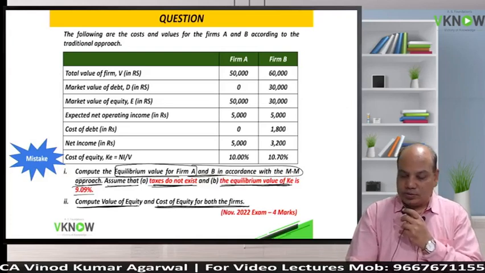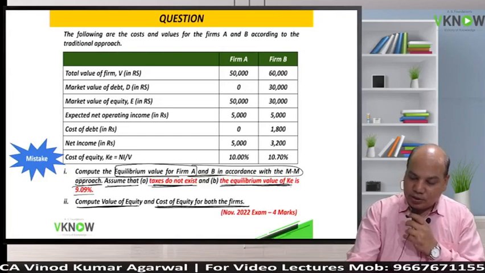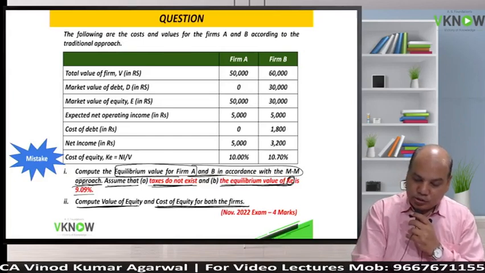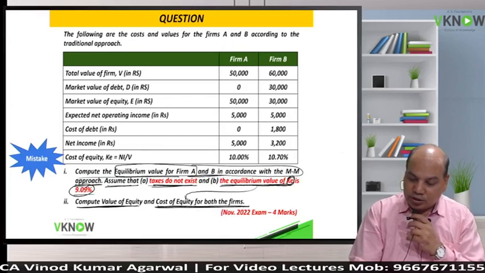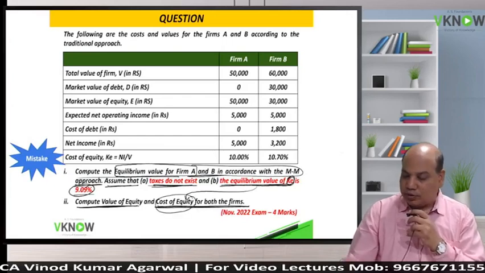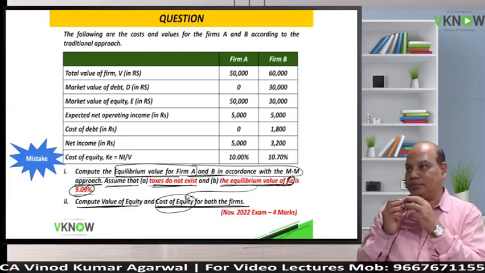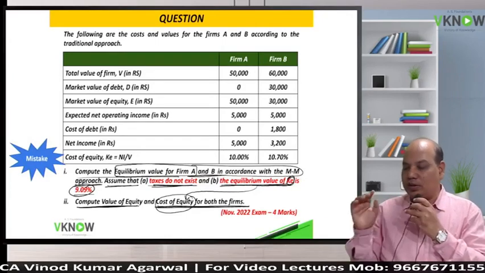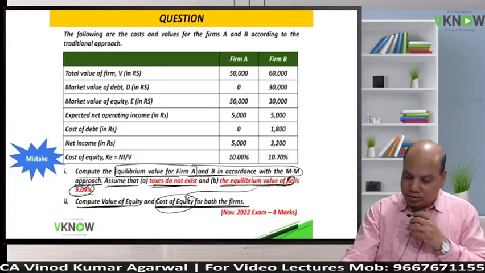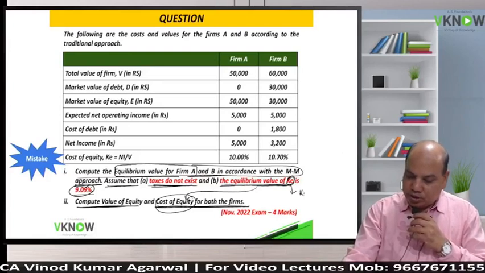Again, one mistake. They are saying equilibrium value of K is 9.09%. Then why they are asking calculate the cost of equity for both the firms? So it is appearing that this K should have been KO.